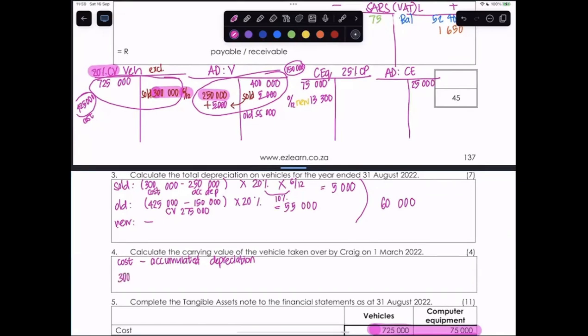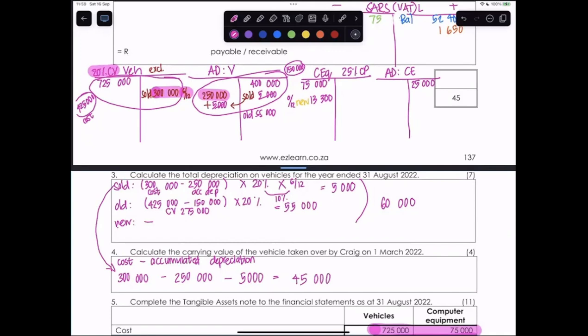We already know from above that the cost was 300,000 minus the accumulated depreciation of 250,000, because obviously that was the sold item. But then you would also need to subtract the 5,000 that was calculated, and then you can see that the total carrying value was only 45,000.